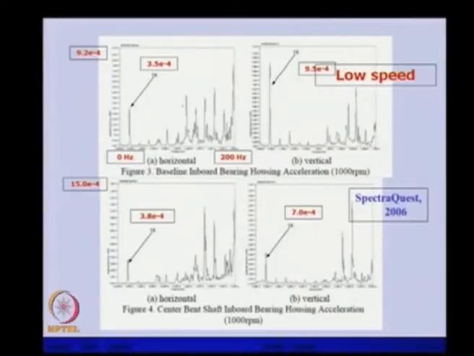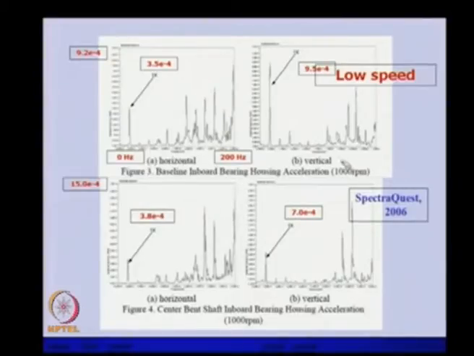Now you can see, this is the horizontal and vertical response, in the frequency domain. The frequency span is from 0 to 200 hertz, and this is the amplitude of vibration. This is in the horizontal direction and this is in the vertical direction, without any bow in the shaft.